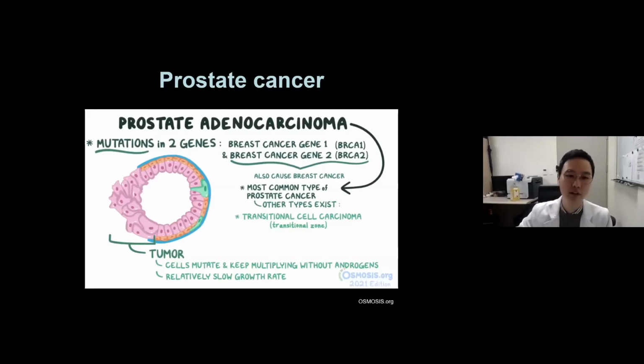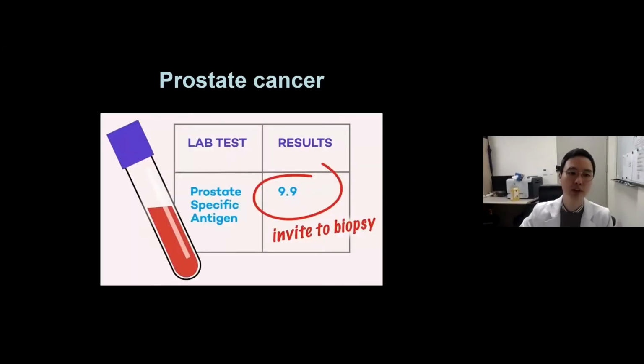And how to actually diagnose: firstly, the most important is the PSA, which is the prostate specific antigen. So this PSA is secreted by the epithelial cells of the prostate gland.